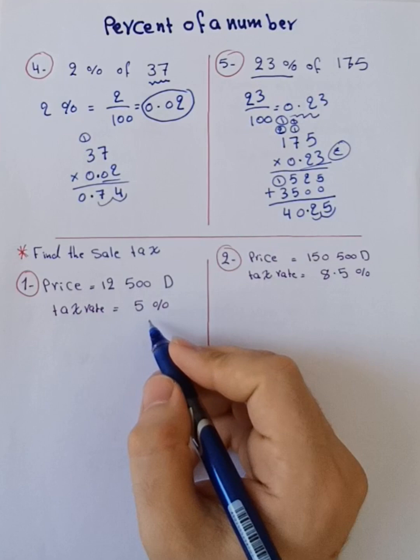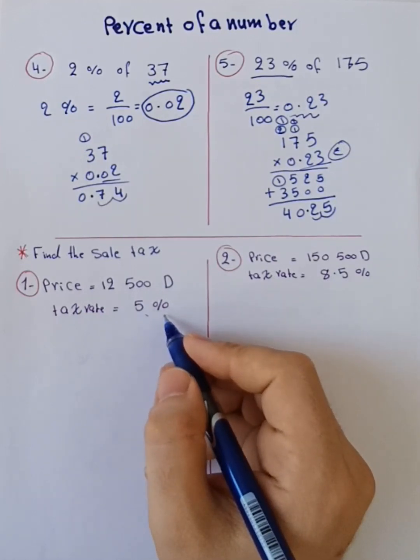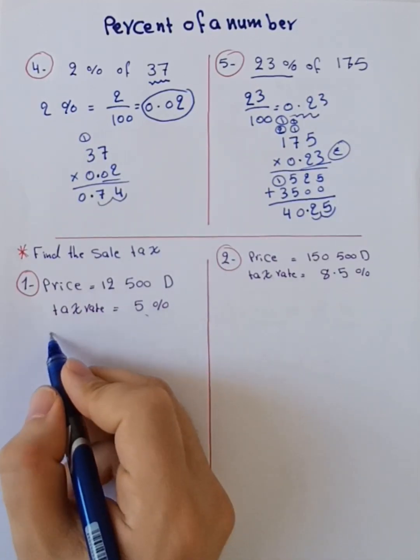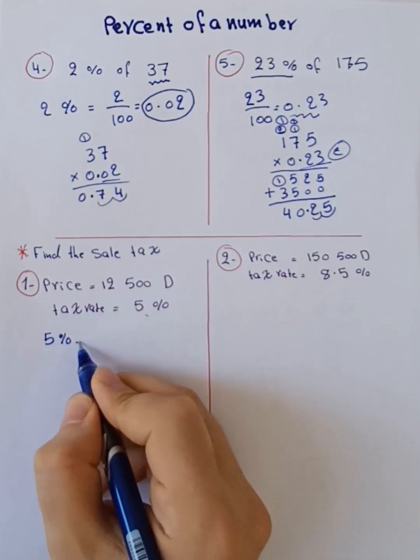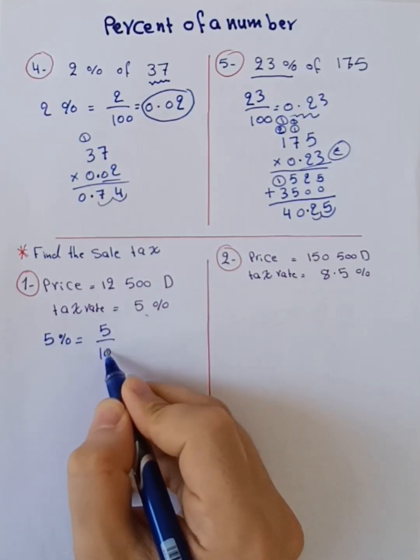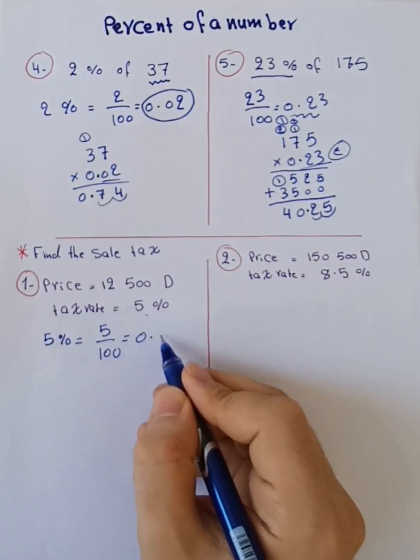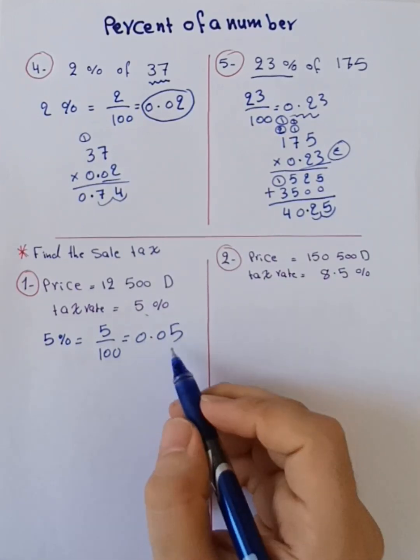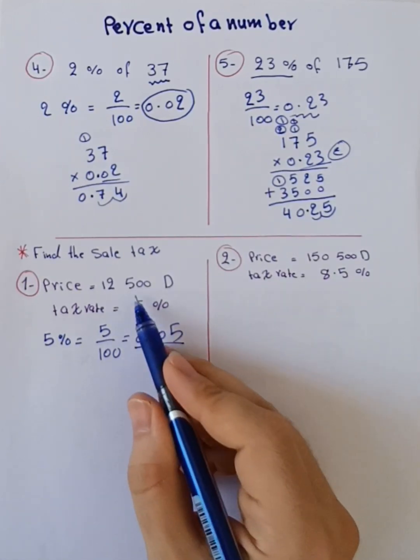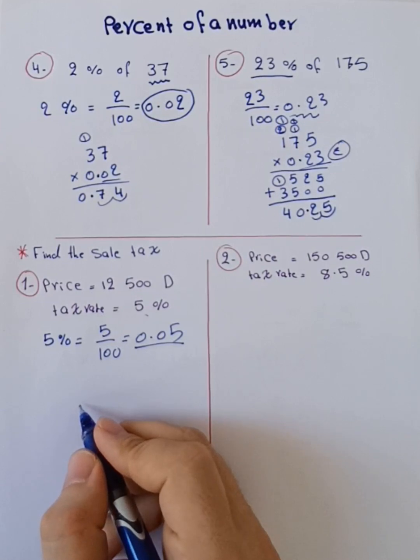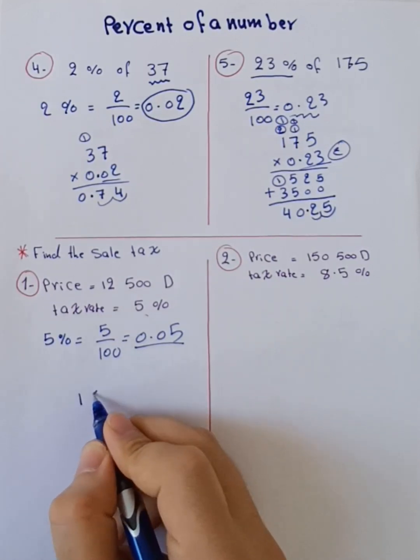First step, we have to change this percent to decimal. We have 5%, it means 5 out of 100 equals 0.05. After that, you have to multiply this decimal by the price.